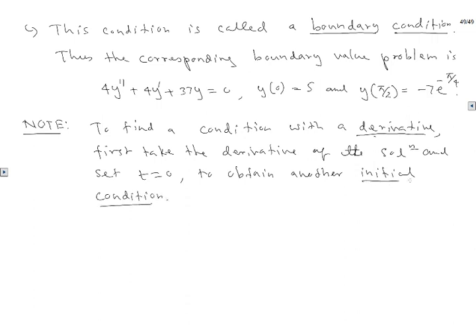That's how you can get another initial condition, and then you can form an initial value problem. So you can either have another boundary condition, or you can have another initial condition, by first taking the derivative and then plugging in t equals 0. So you can find another initial condition with a derivative.